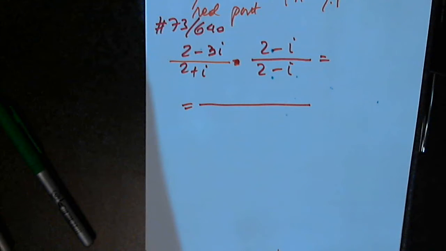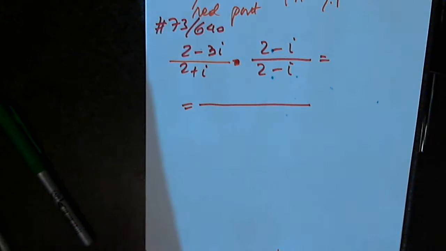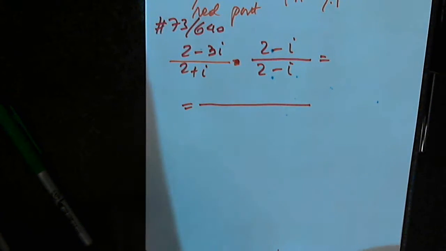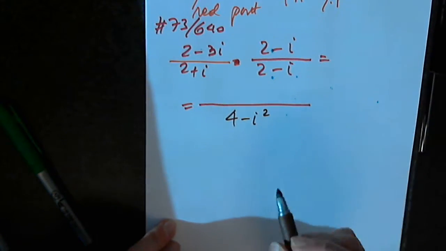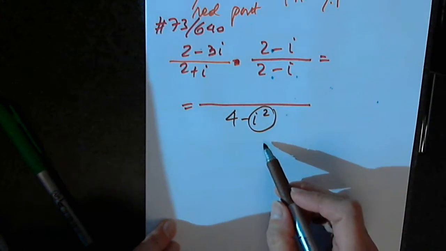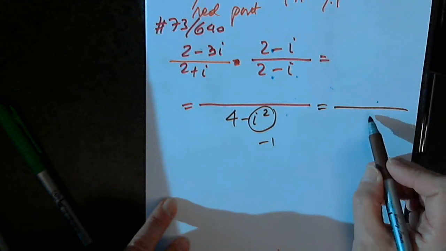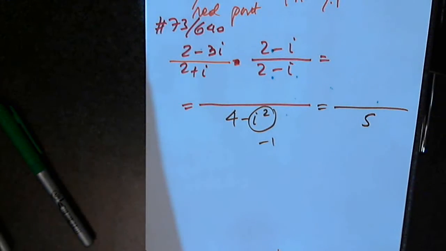The denominator is first term squared minus second term squared. Very good. But i squared is negative 1. Perfect. So the denominator will be 5. Excellent. Now I have to multiply the two numerators. And I have to use FOIL.